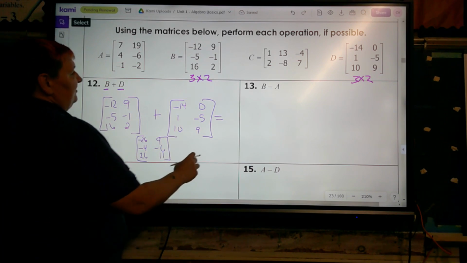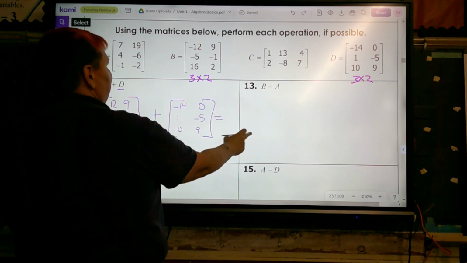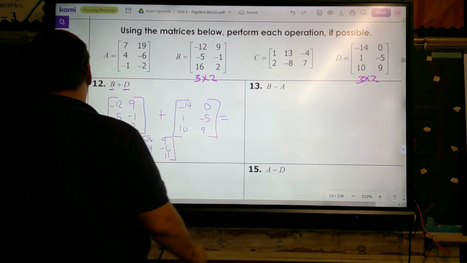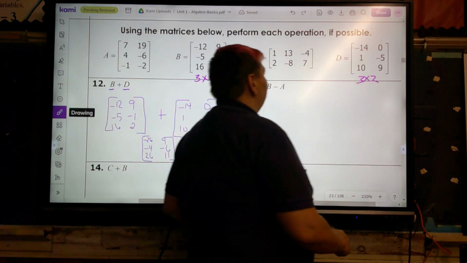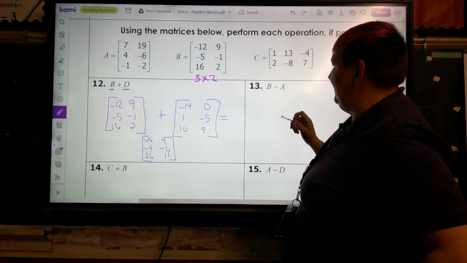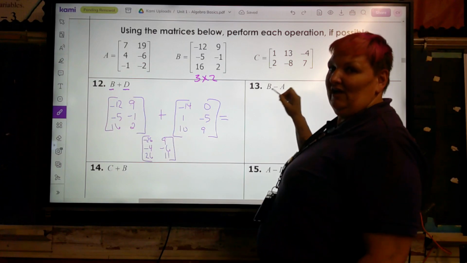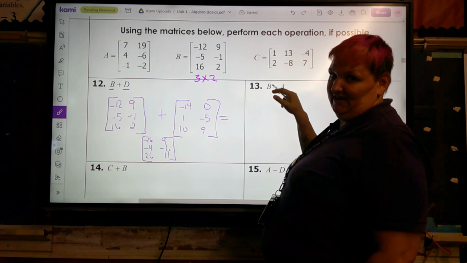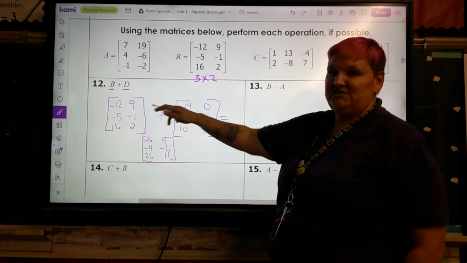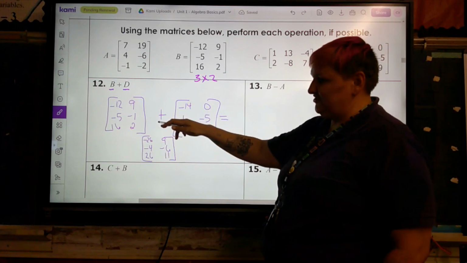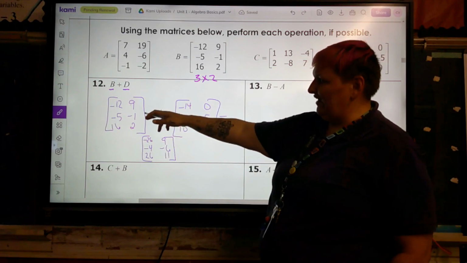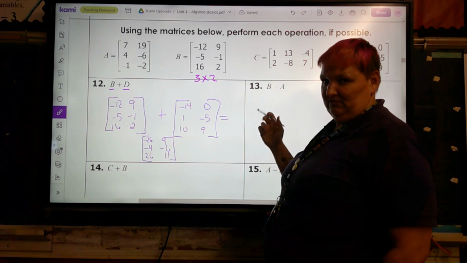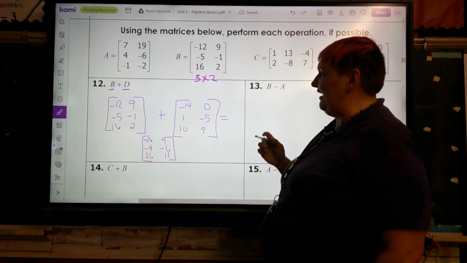All right, let's do another one. This one is B minus A, so we have to be a little more careful. We have to make sure to line them up in the correct order and watch our signs because of the negative sign. When it comes to addition, the order doesn't matter so much. You could do this one first or that one first, but because it's subtraction, order matters.